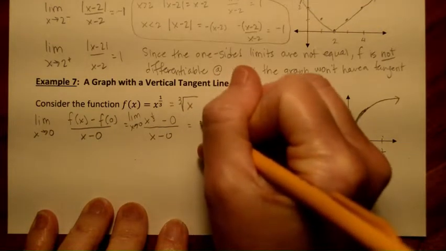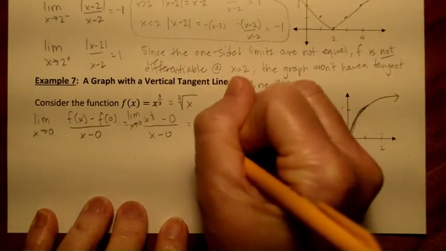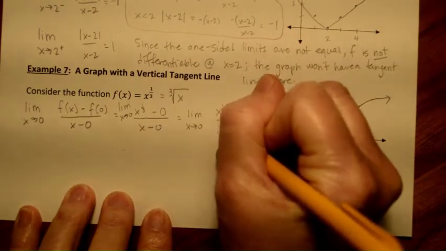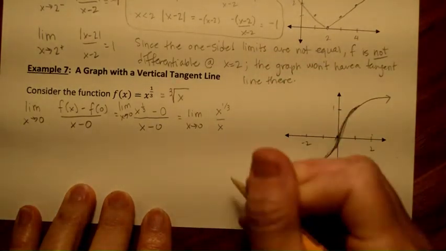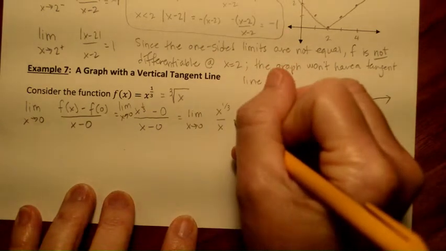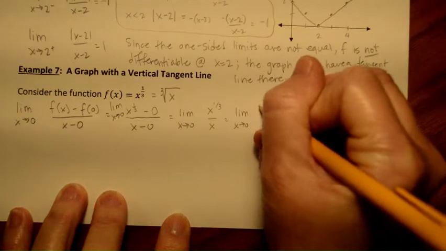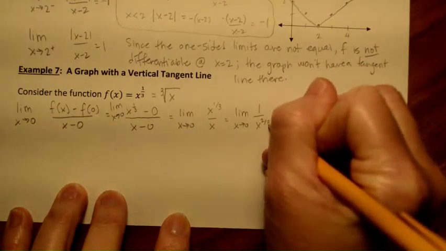If we continue on with this and simplify, we get limit as x approaches 0 of x to the 1/3 over x. And then this simplifies into limit as x approaches 0 of 1 over x to the 2/3.